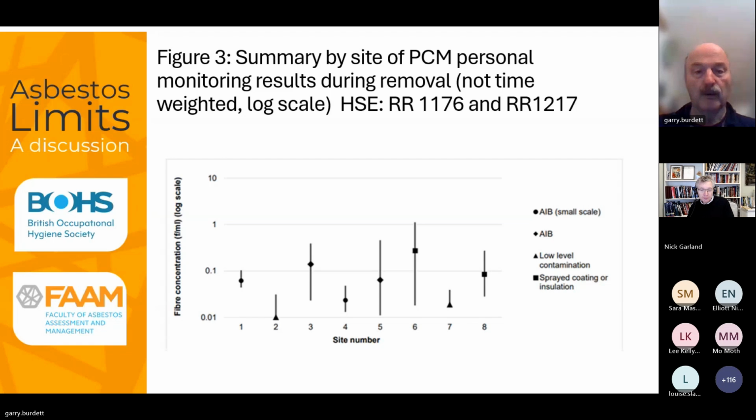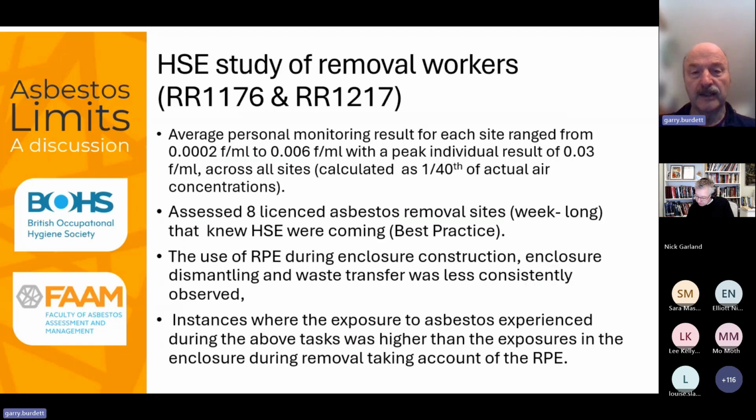So what they did in this study, they calculated 1/40th of those measurements and the 4-hour control limits, and they found that, hey presto, the people inside the enclosure were getting between 0.002 and 0.006 fibres per ml, with the highest individual result of 0.03 fibres per ml.